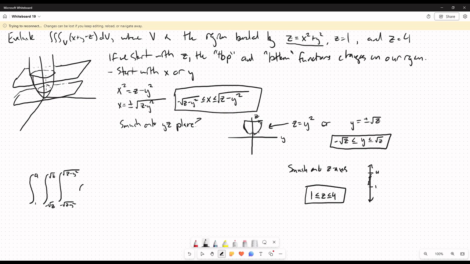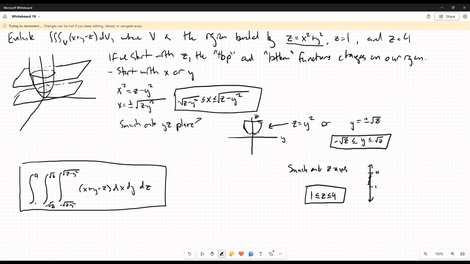That'll be x plus y plus z. Our inner was dx, then dy, and then dz. Okay, so we set up that integral, and that would allow you to calculate the integral over this region.